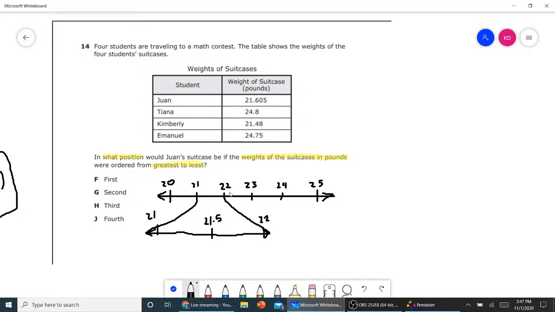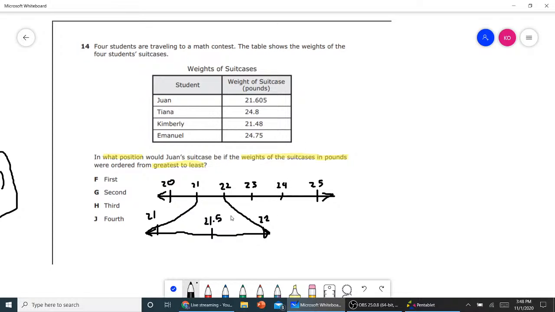Okay, so 21.605. Let's break this down. We have to look at this number, and let's first ask ourselves, is 21.605 greater than 21.5 or less than 21.5?